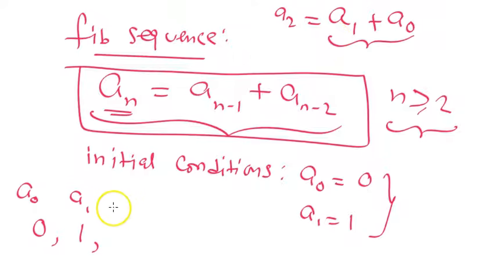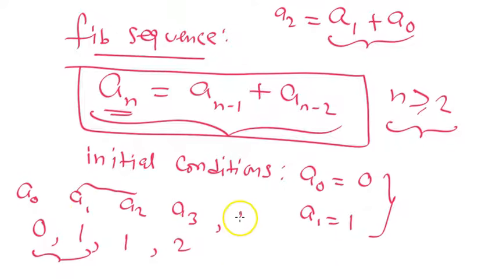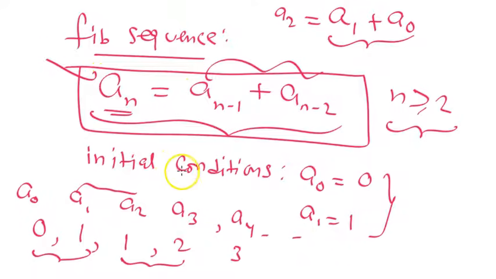So A2 is A1 plus A0. A3 is the summation of the previous two terms, and A4 is the summation of the previous two terms, and so on. Every term depends on the previous two terms. This is called recursion, one more example of recursion.